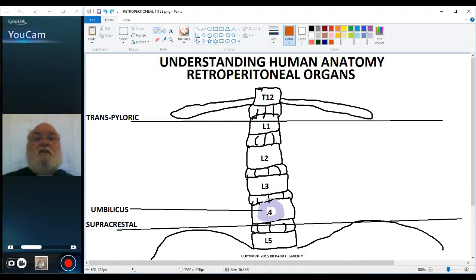I'm going to sketch in a muscle, and the muscle takes origin from all the lumbar vertebrae. I'm going to cut it off here just because we're out of room. This muscle is the psoas major.